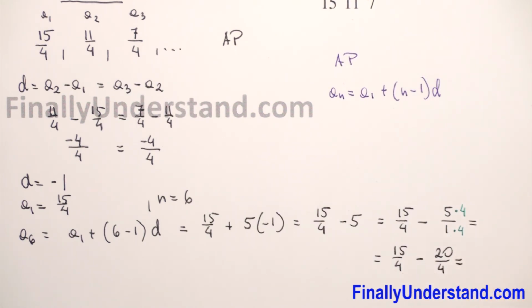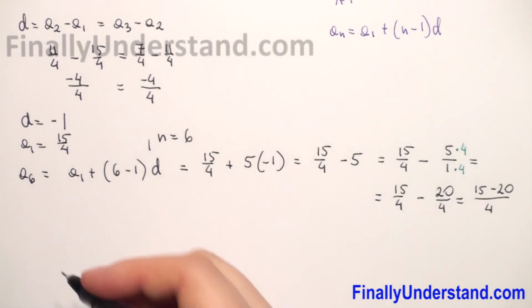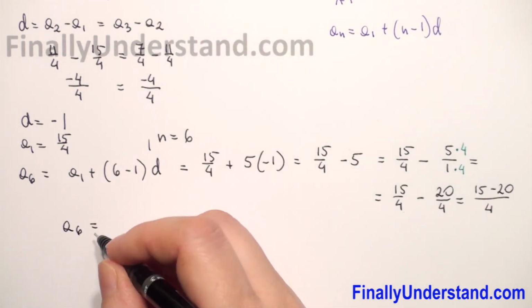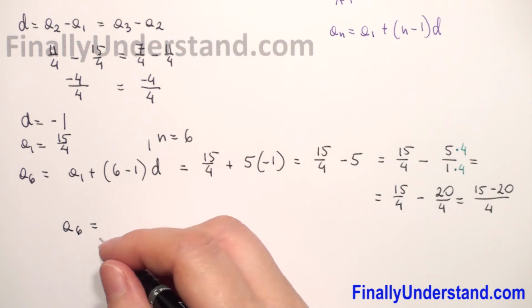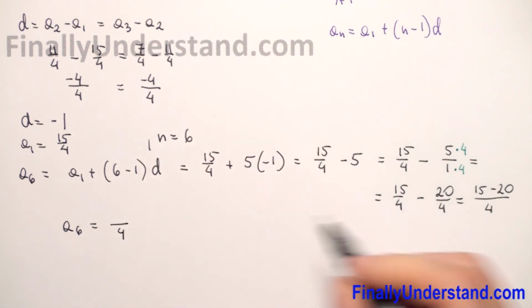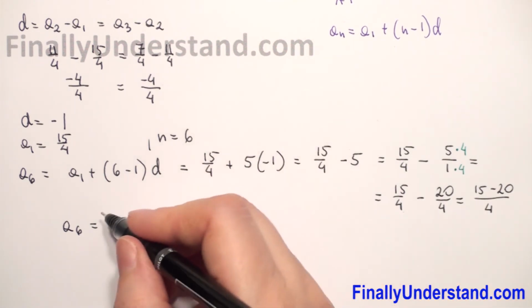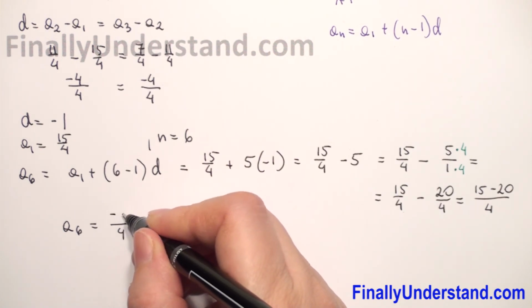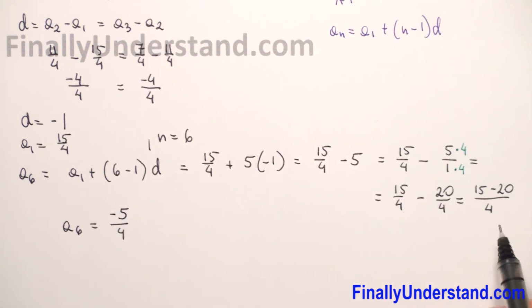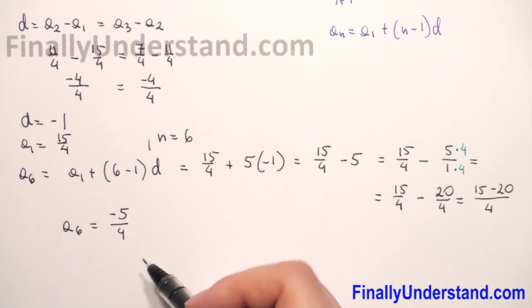And now when we have the same denominators, we copy the denominator and we subtract the numerators, 15 minus 20. So we can write that a6, the sixth term of the arithmetic progression, is, with denominator 4, 15 minus 20, which is negative 5. We copy the sign of the larger number, so negative 20, and we subtract 20 minus 15, which is 5.